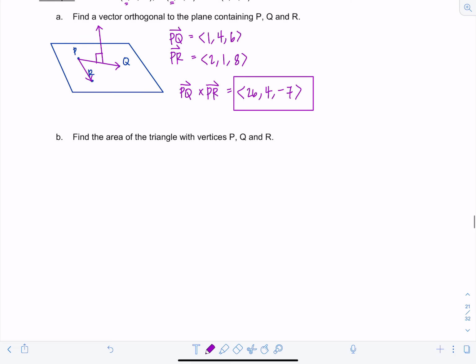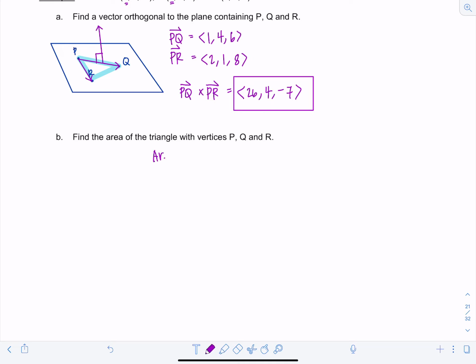Good. Part B asks us to find the area of the triangle with vertices P, Q, and R. So we're going to make a triangle now out of these three. And it wants the area of that triangle. Well, basically, what I could do is find the area of the parallelogram created by the two vectors PQ and PR, and then just cut it in half, and that'll give me the area of the triangle.